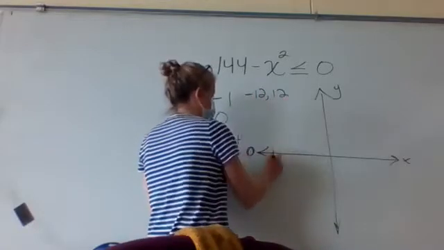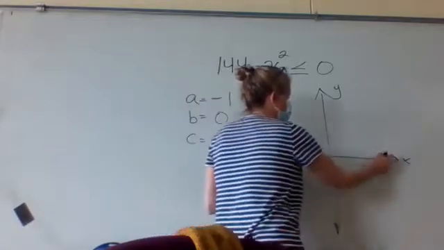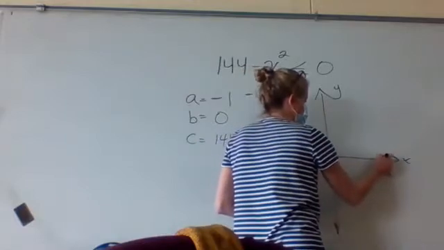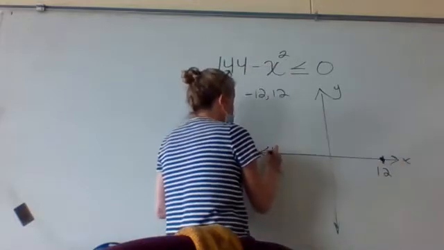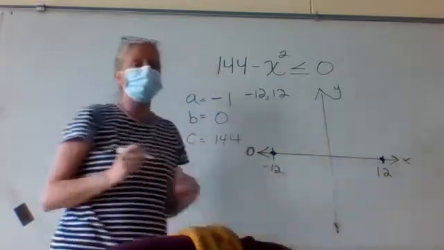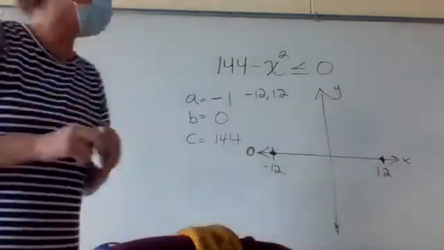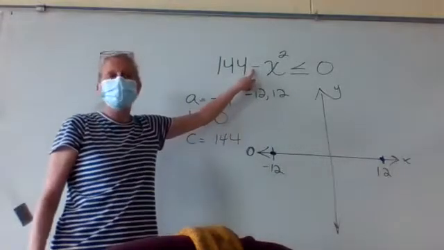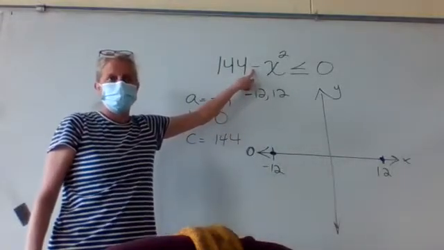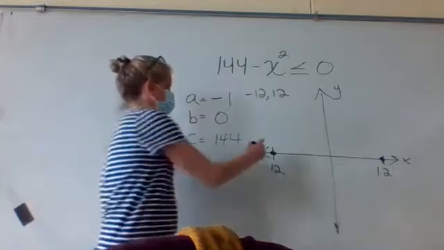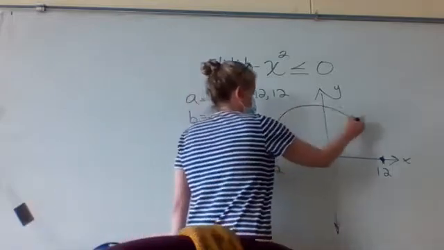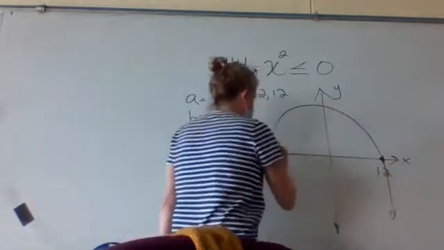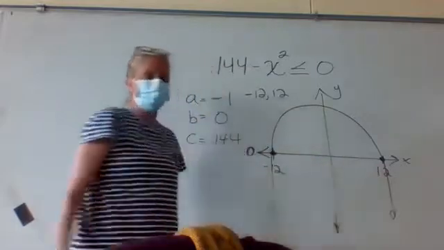So it's going to cross through at negative 12 and positive 12, which are going to be the x-intercepts. Now, it is important that you draw your parabola in the right direction. Your x squared this time is negative, which tells me what about this parabola? This one is upside down.